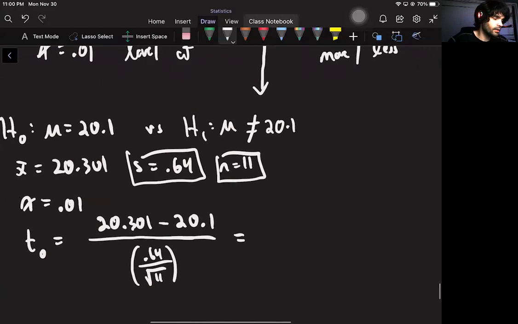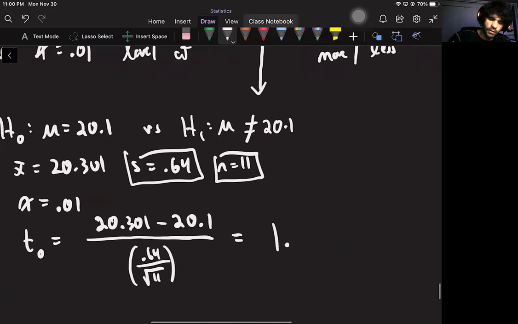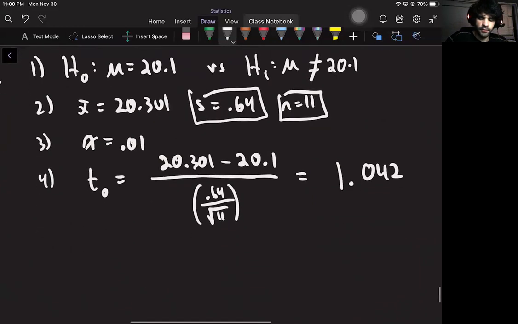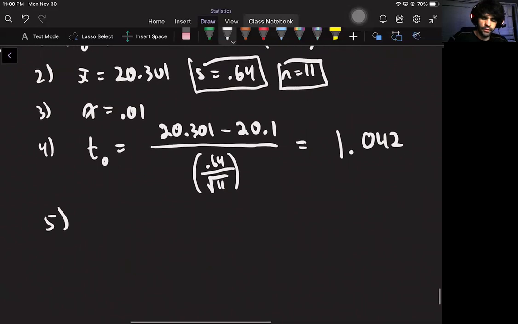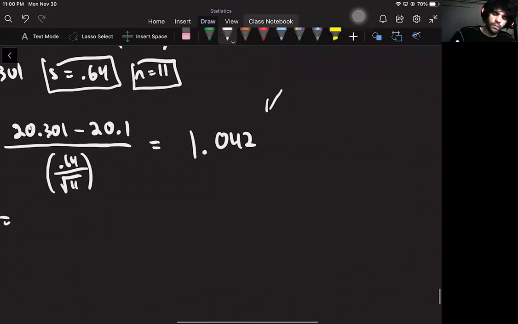Okay, if you have a fancy calculator, you can plug this all in at once, and you'll get 1.042. Or you could do it piece by piece. But you should get something around there. Maybe you round a bit different than I do. That's okay. So then I have to calculate the threshold for whether this t-score is too weird.